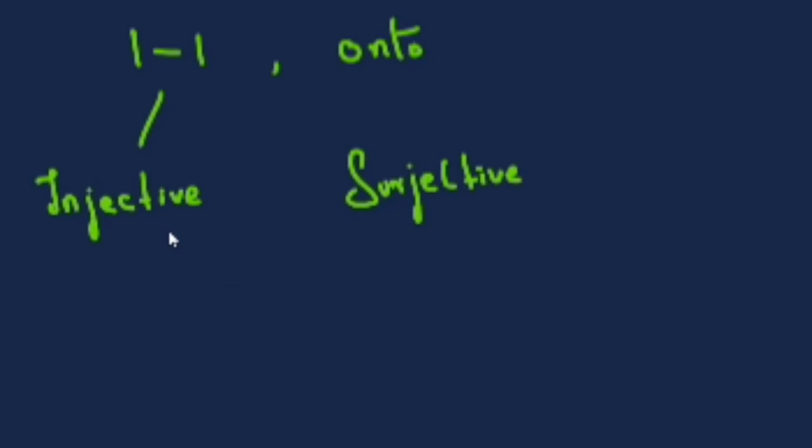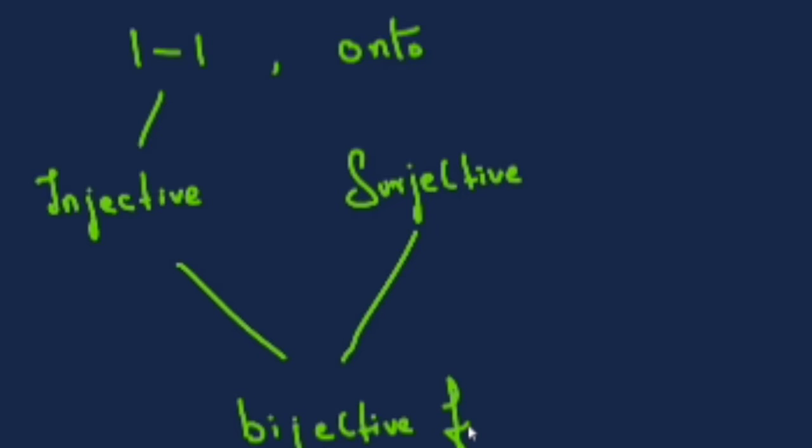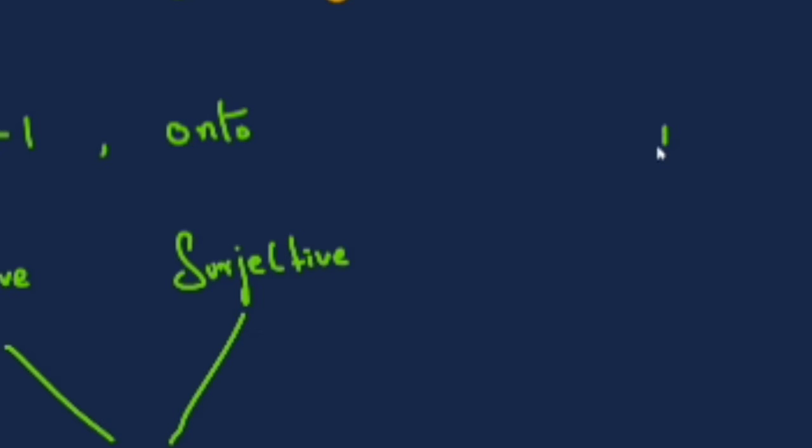Now if a function is one-to-one and on-to, that is, if a function is injective and surjective, then it is called a bijective function. So what is a bijective function? If a function is one-to-one and on-to, it is called bijective.